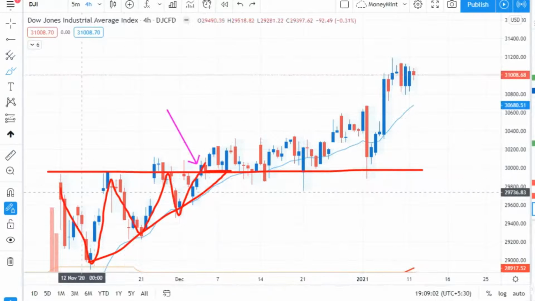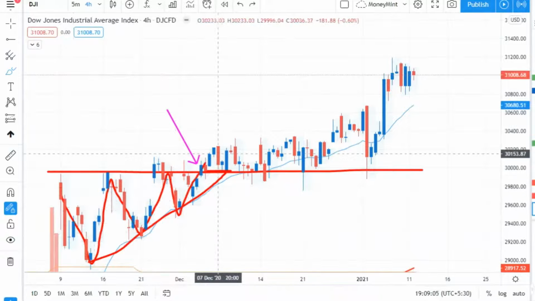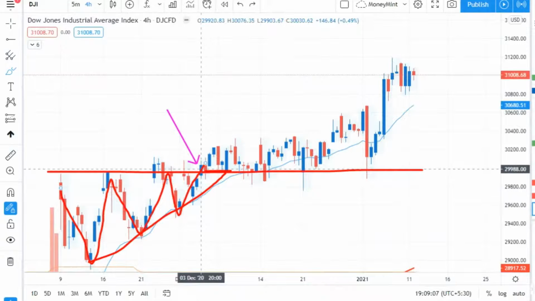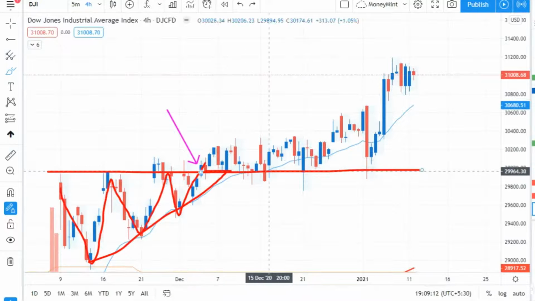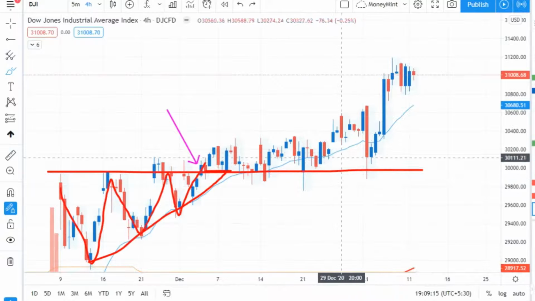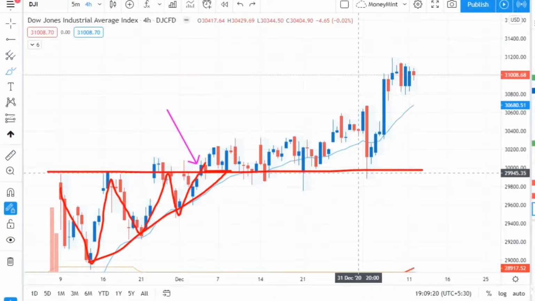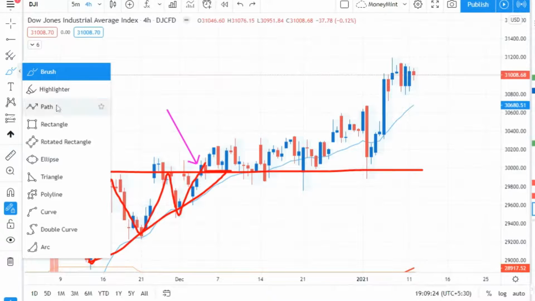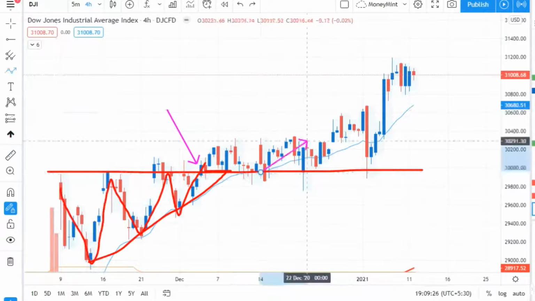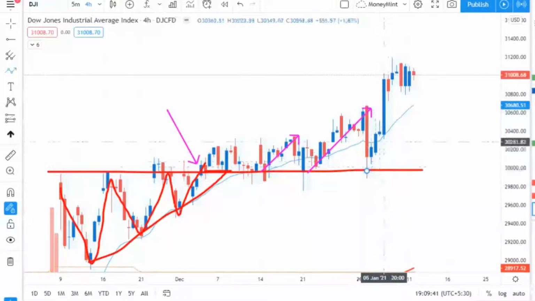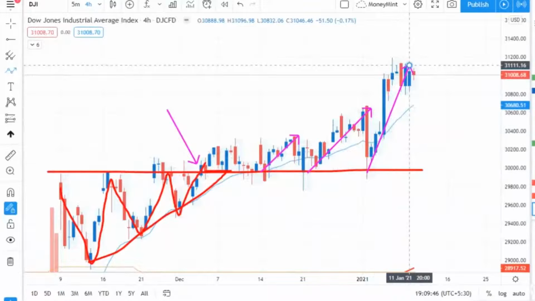So what I intend to say here is that this wedge formation, once exited at this point marked by the pink arrow, this support point is tested each time the Dow Jones comes to this price. But each time it comes to test, the momentum became bigger and bigger on the upside. Then the third time, the momentum was a V-shaped recovery, and it was also the larger one.